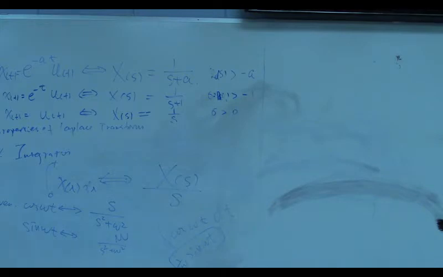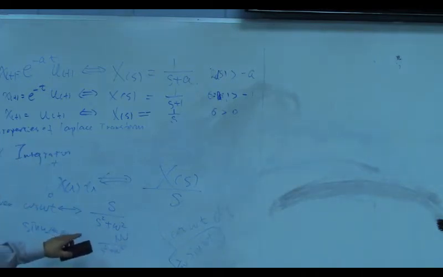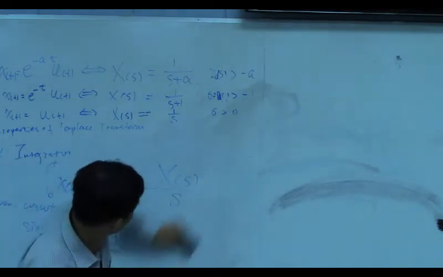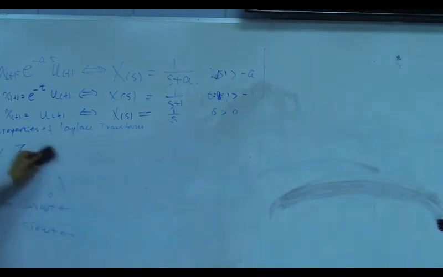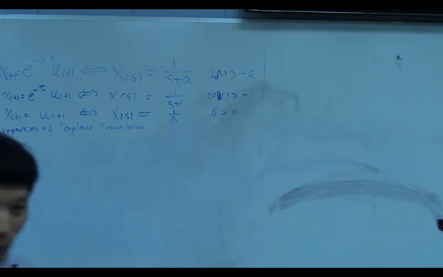Everything's good here, right? That is how many? 7. Okay, so next one is 8. We discuss all these operations. What operation did we learn in this class?